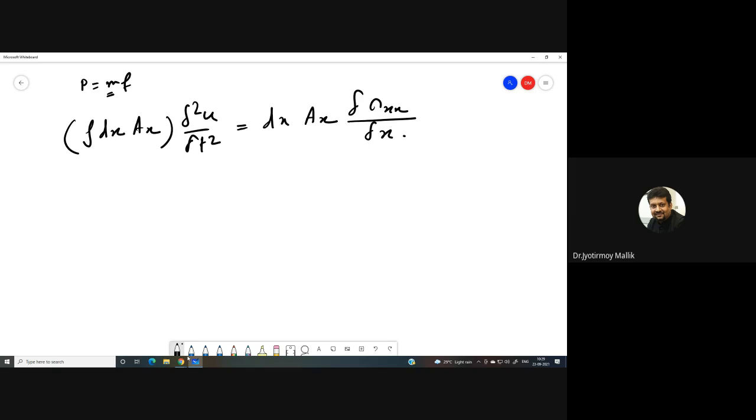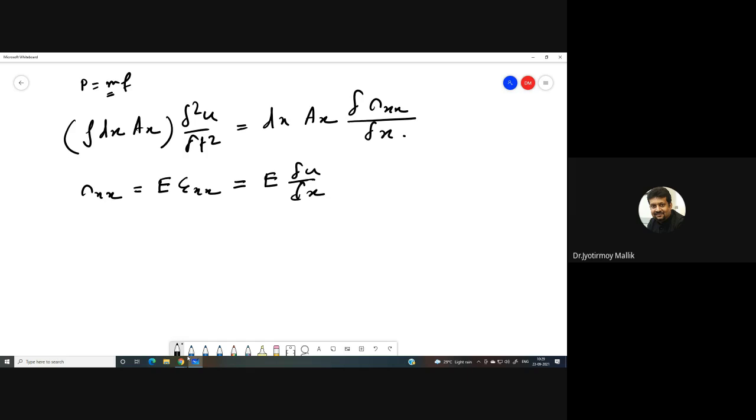Now, we also know from Hooke's law that sigma xx is equal to E epsilon xx, where sigma xx is my stress and epsilon xx is my strain, and E is my Young's modulus. So I can write further E times delta u by delta x, which is again my strain epsilon.